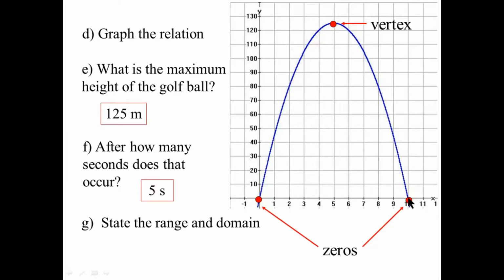So the domain is between the zeros. So the domain is t runs between 0 and 10, between the zeros. And the height of the golf ball runs between 0 and 125 meters. And this is how we say that.